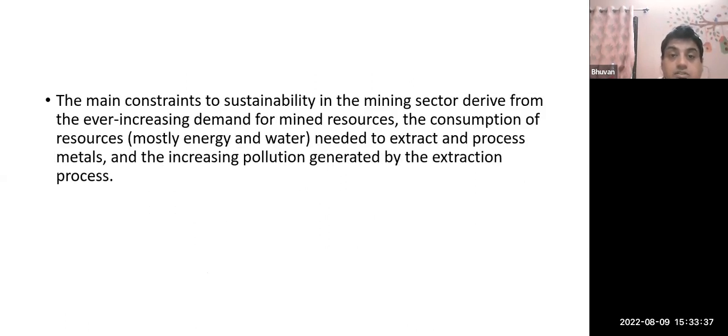If we talk about the major constraints on sustainability in the mining sector, there is increased demand for mine resources, and at the same time, mining activity is very detrimental to the environment. It needs energy, it needs water, and it contributes towards pollution during its extraction and usage process. So that is also perturbing sustainability at the global level.